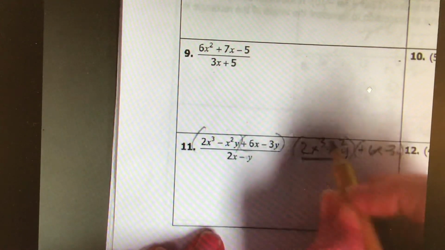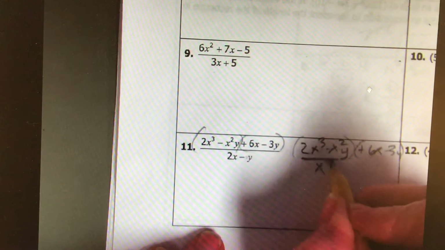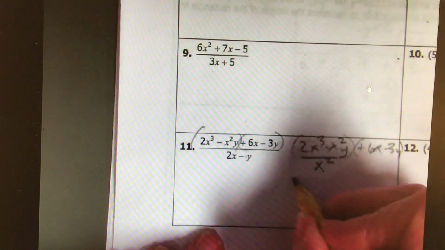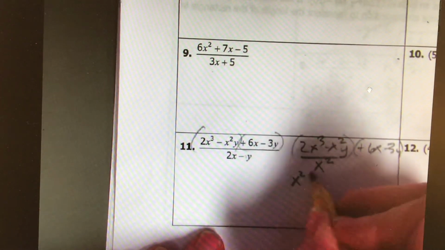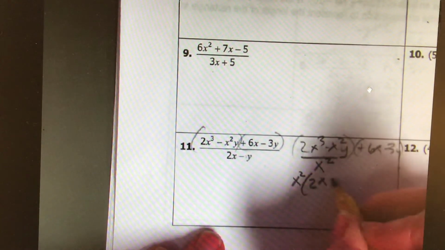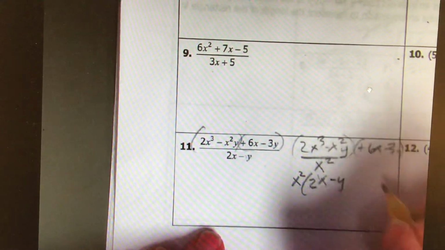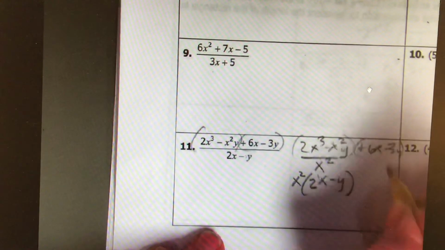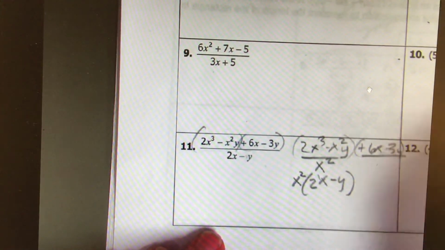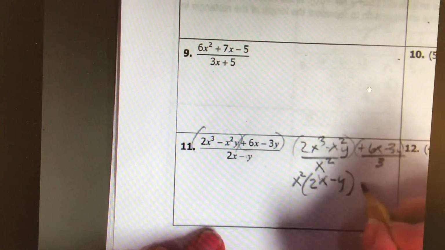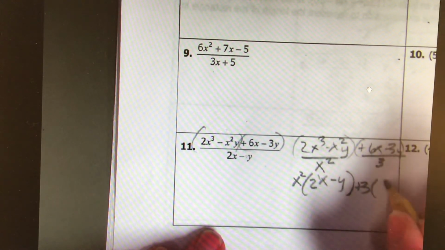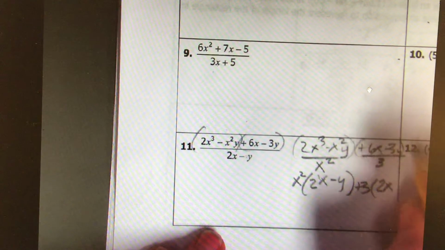Okay, greatest common factor here, x squared. So I'm going to have x squared times 2x minus y. My other common factor is going to be 3. 3. And then I have a 2x minus y. Oh, good.